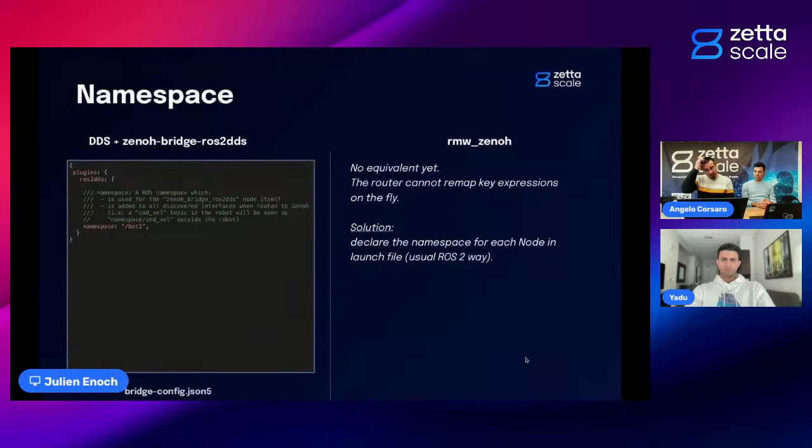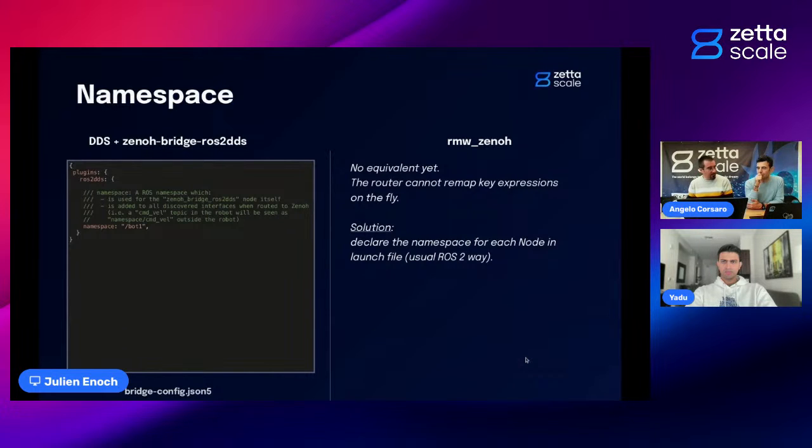Another very useful configuration that we had in the bridge was namespacing. In the bridge, we had the possibility to specify a namespace, and the bridge was automatically adding this namespace on the fly for the external communication over Zenoh. So the ROS nodes configured in the router don't need to have any namespace.